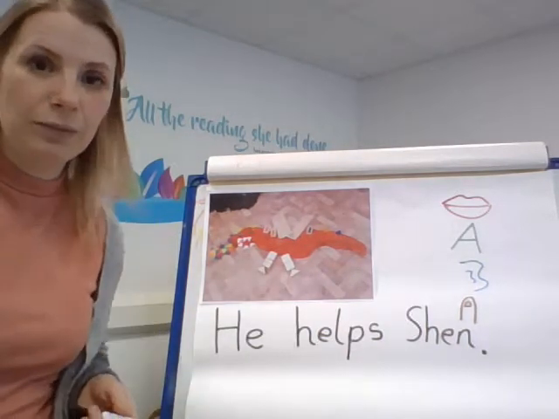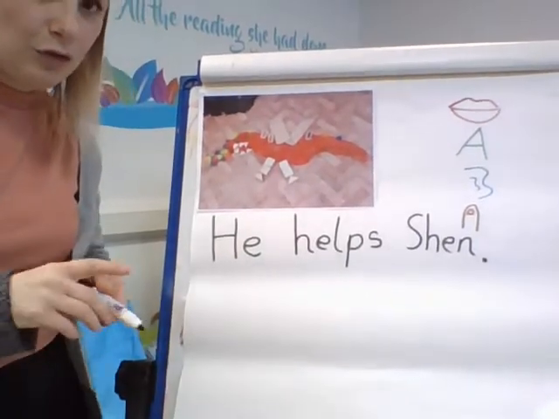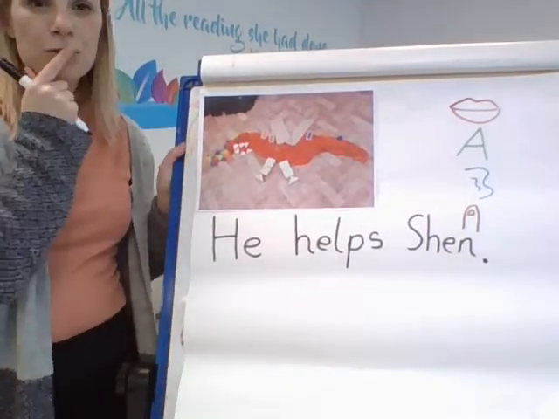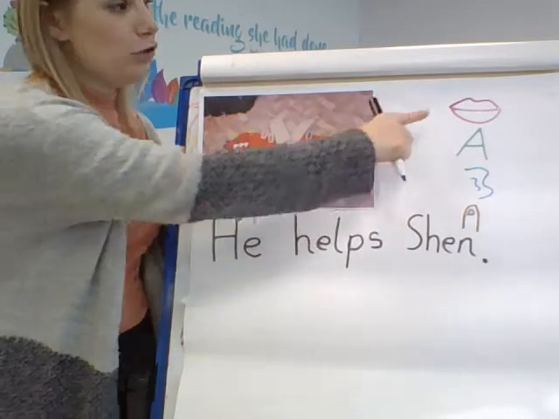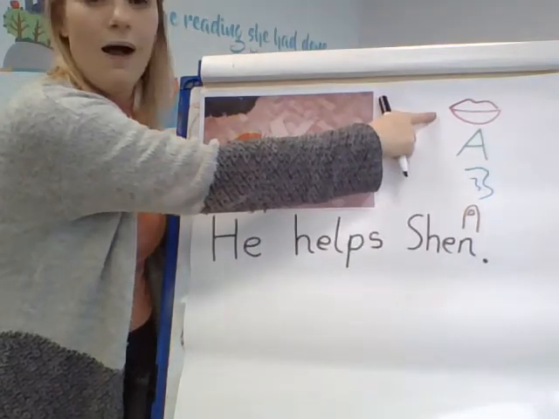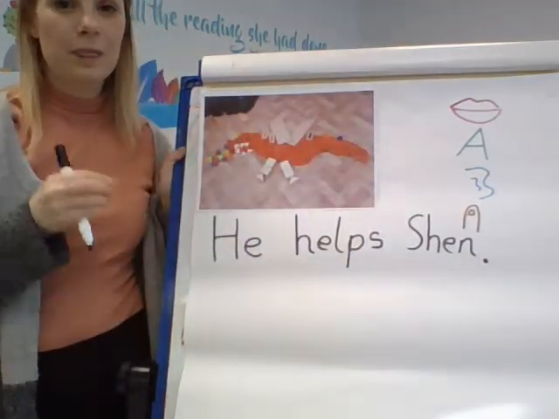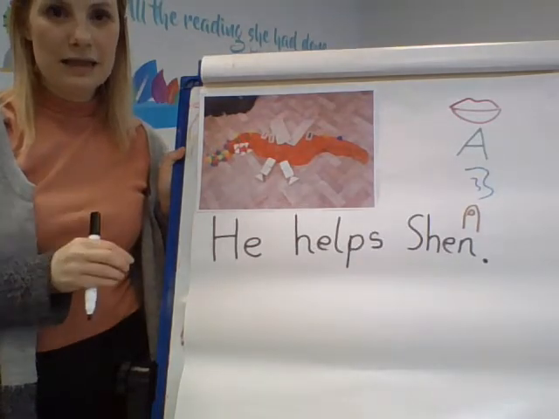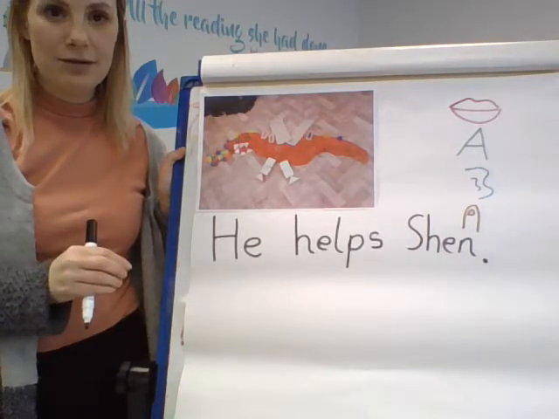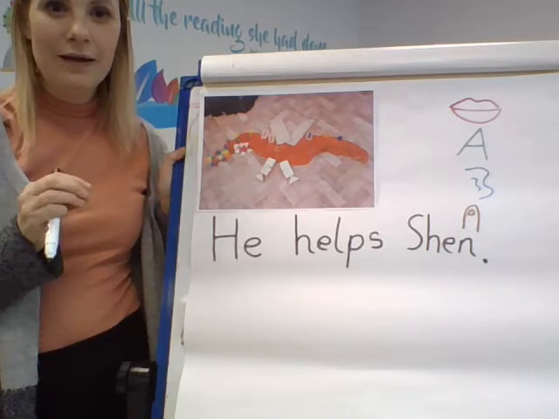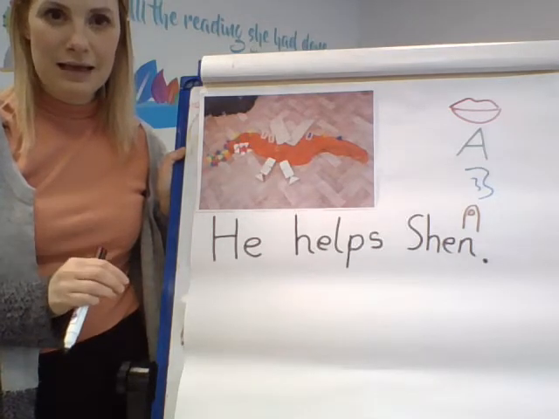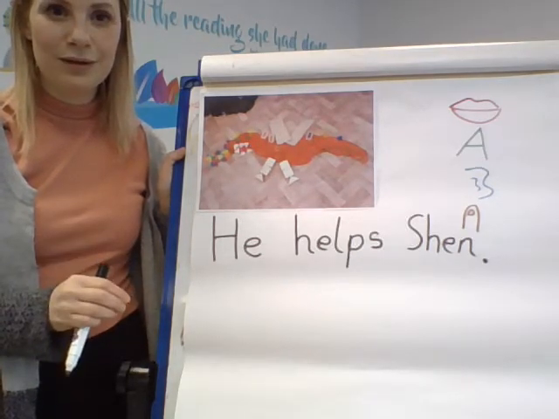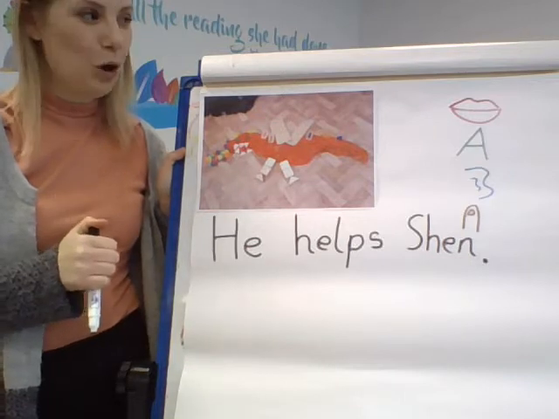And this time you're going to help me. I'm just going to push it down a little bit so that you can see what I'm doing. What's the first thing that I need to do? Let me check my list. That's what I need to say it. He is red. Can you say that, reception? He is red. Good job.